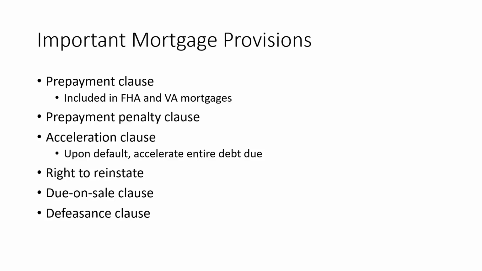There's also a due on sale clause, which you won't find in FHA or VA mortgages, but you will in conventional, which means you have to pay off the mortgage if you want to sell it. Then there's the defeasance clause, which basically says that when this mortgage is paid off, then I have to release the lien or issue a satisfaction of mortgage note.